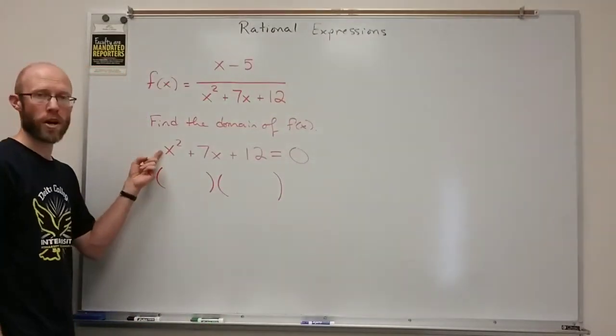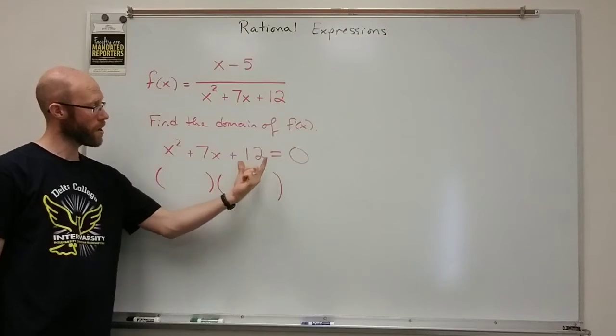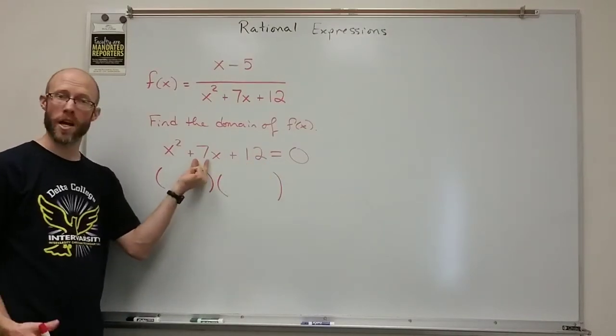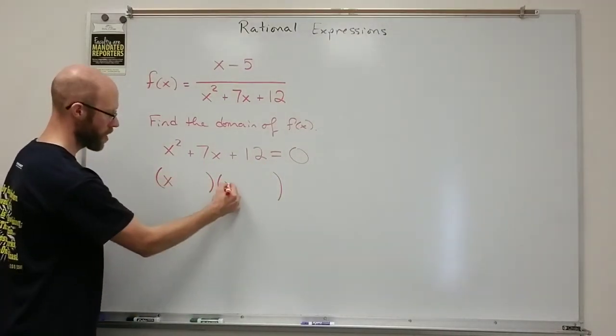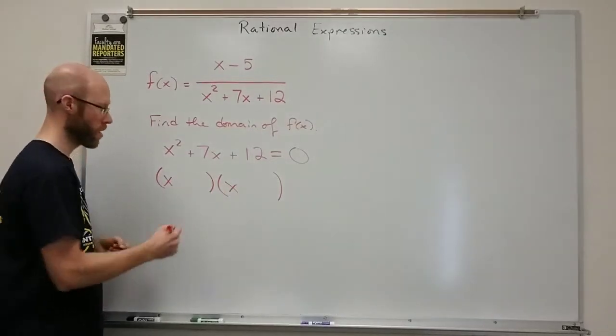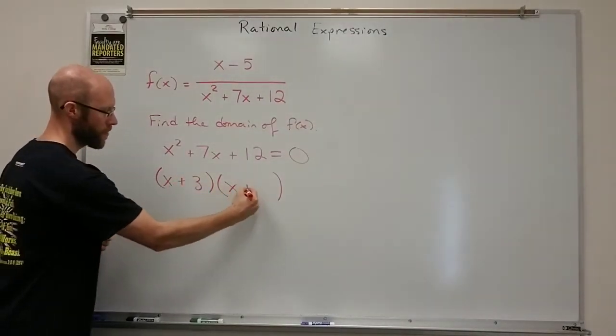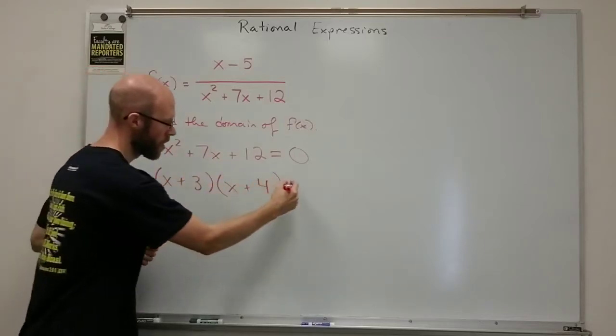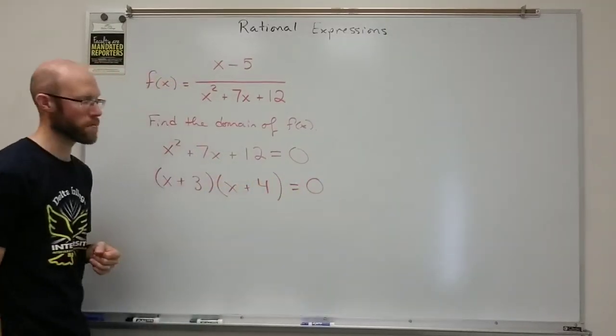It's a trinomial with a lead coefficient of 1. So factors of 12 that add up to 7 are what we're looking for. They would of course be 3 and 4. So I'm going to go x plus 3, x plus 4. Those two factors multiplied make 0.